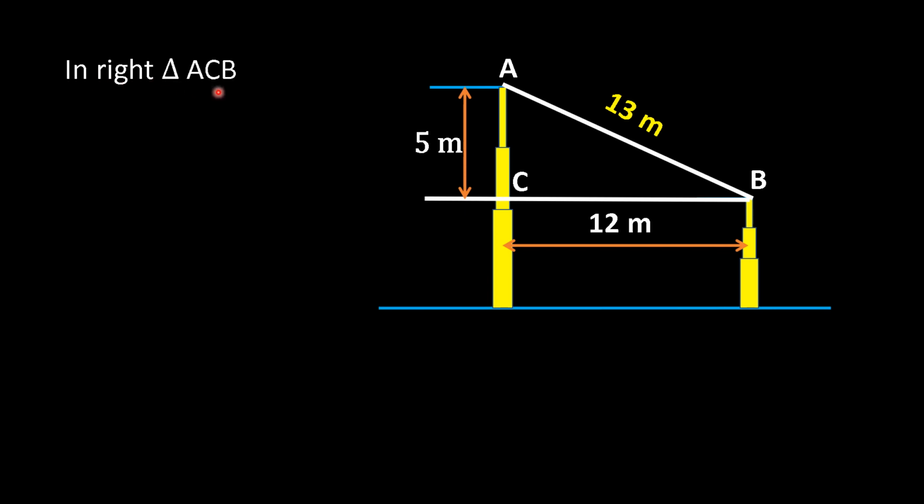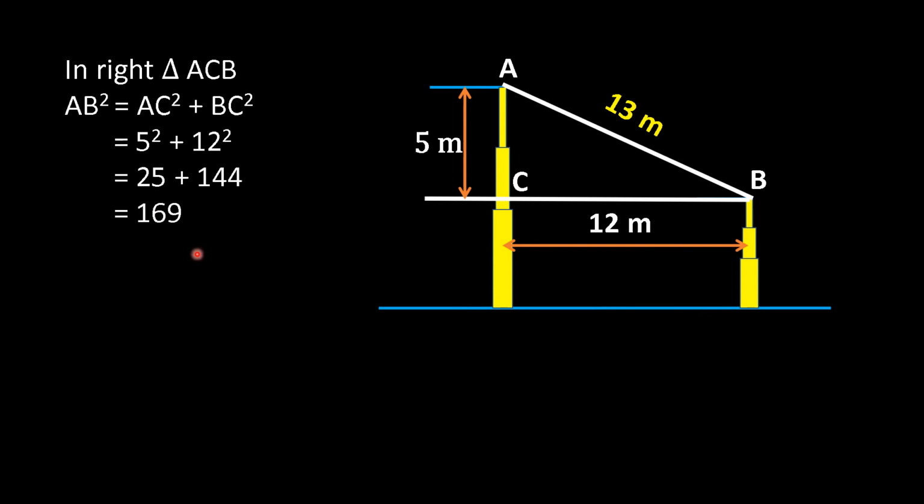In right triangle ACB, AB squared equals AC squared plus BC squared according to Pythagoras. AC is 5, BC is 12, so it will be 25 plus 144, which is 169.